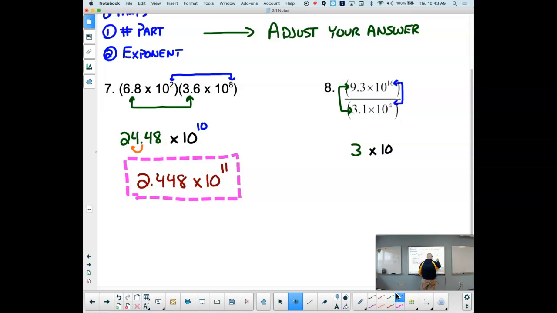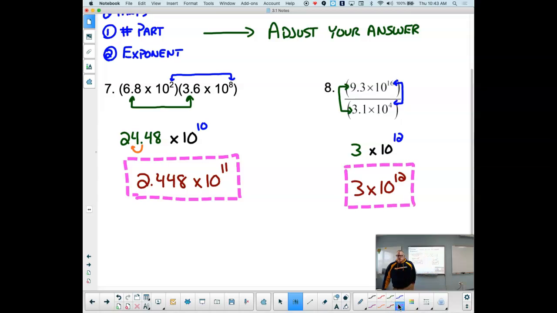That 16 minus 4 is 12. I don't have any adjustments that I need to do because I only have one digit in front of the decimal point. So it's just 3 times 10 to the 12th power.